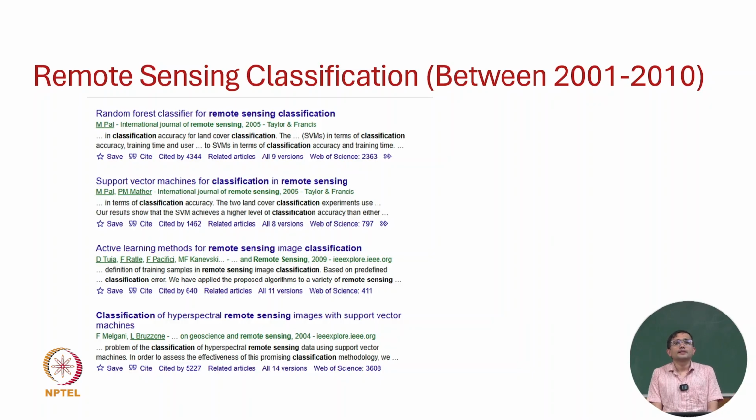The second paper is talking about support vector machines. Similarly, the fourth paper is again talking about support vector machines. So we see there was a strong dominance of support vector machines during this era, and some other methods were used sometimes.